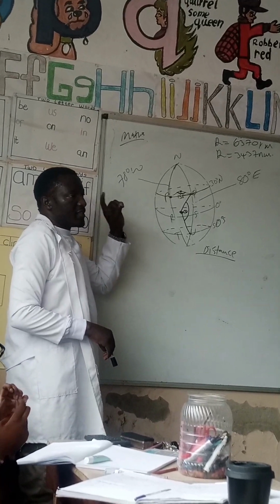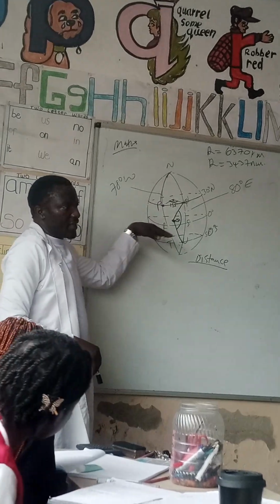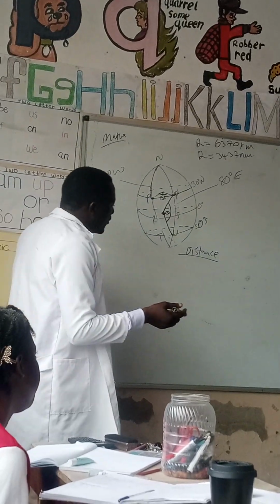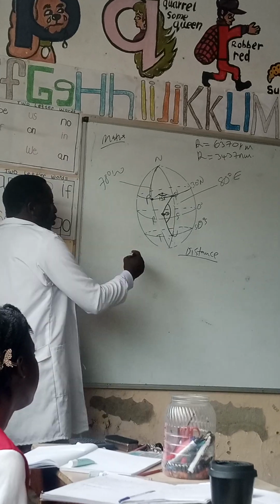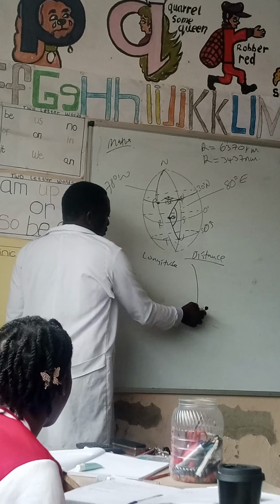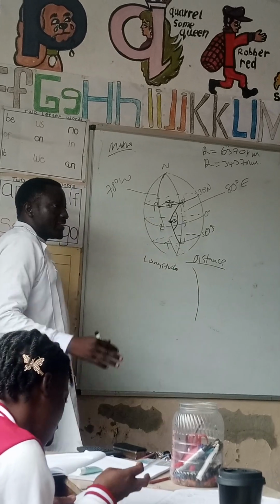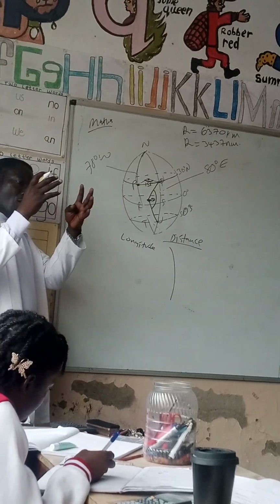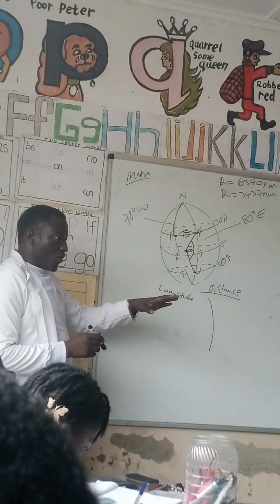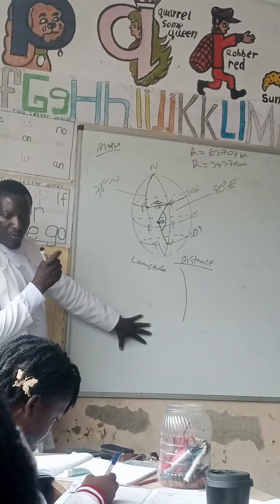We said distance in latitude; we looked at the formulas. Now, there is distance in longitude. It's the same formulas as for latitude, but you just remove the last part.